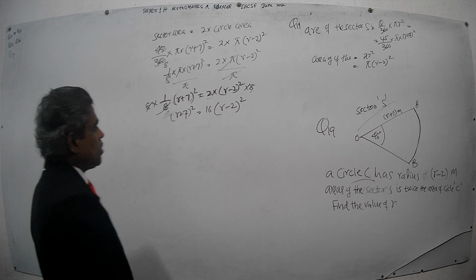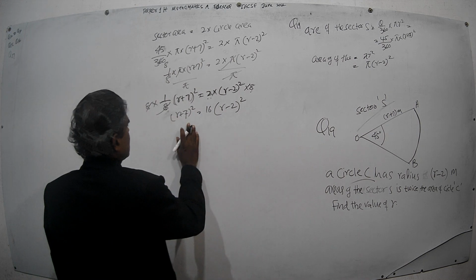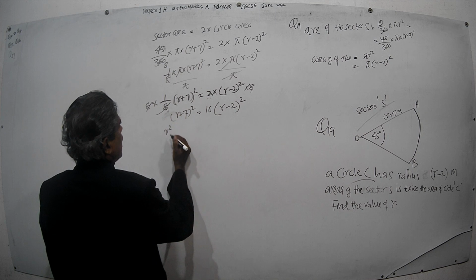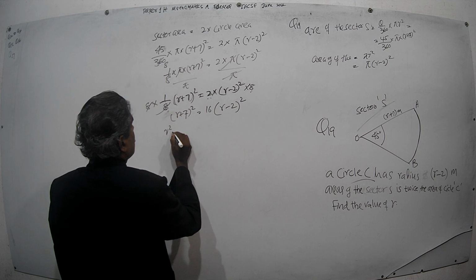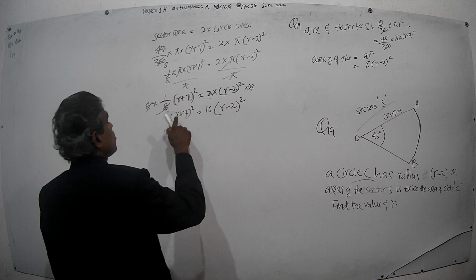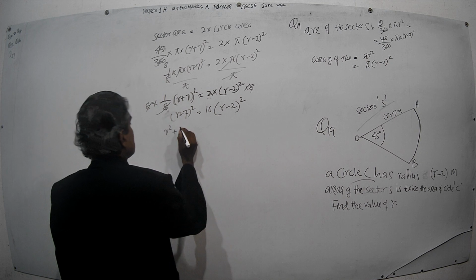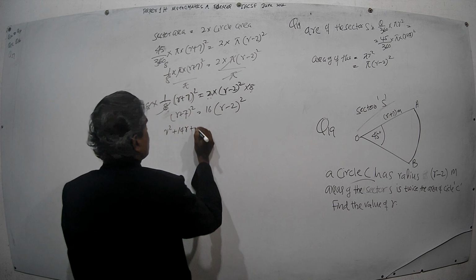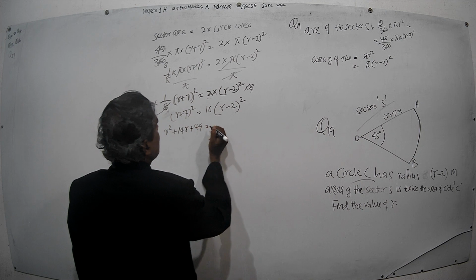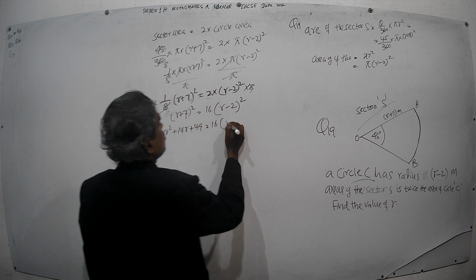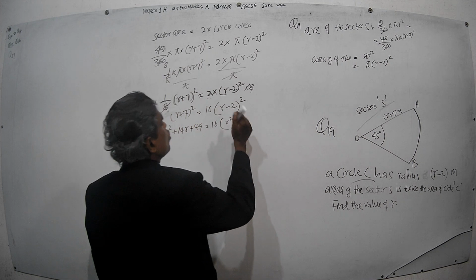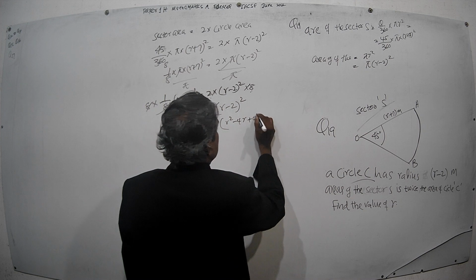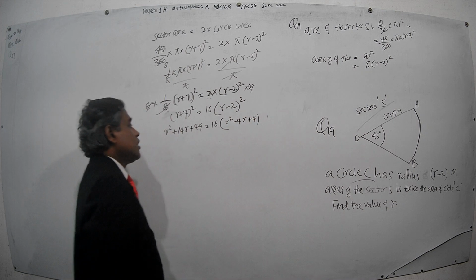Now we will expand this. R squared, first term squared, plus 2 times first term into second term, that means 14R, then 7 squared means 49. On this side 16 R squared, this into minus 4R, then minus 2 squared means plus 4.